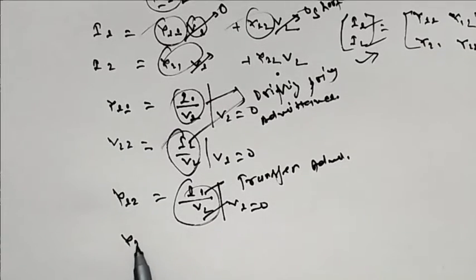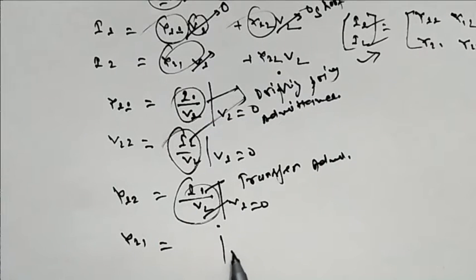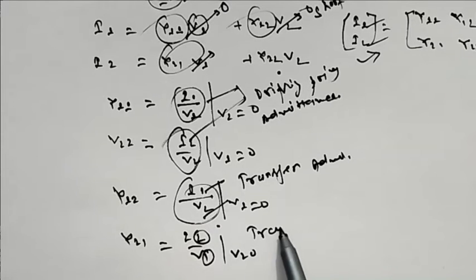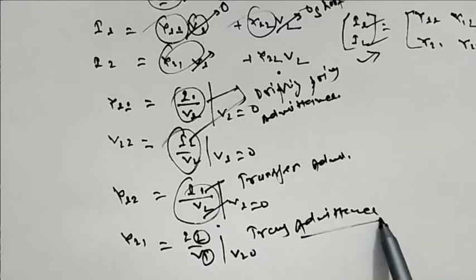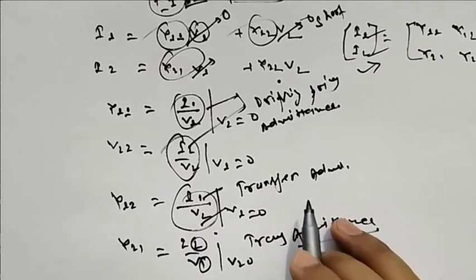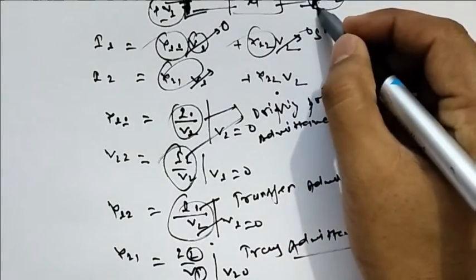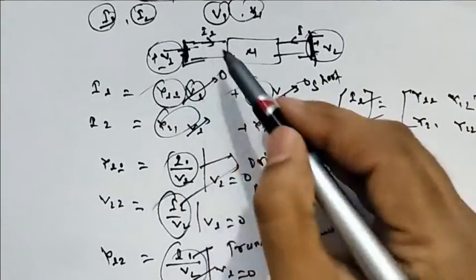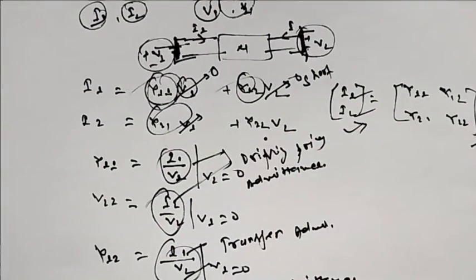Similarly y21 is I2 by V1 keeping V2 equal to 0, and since these are different ports, these are also termed transfer admittance. So this is the y parameter, and it is called the short circuit parameter because we need to short circuit one port in order to find any of the parameters, either y11, y12, y21 or y22.